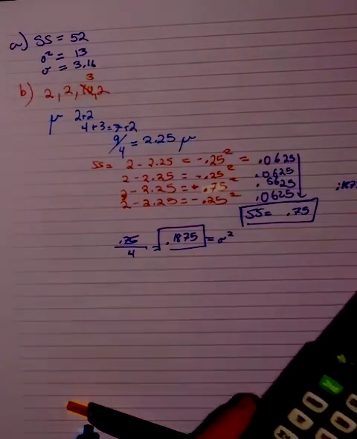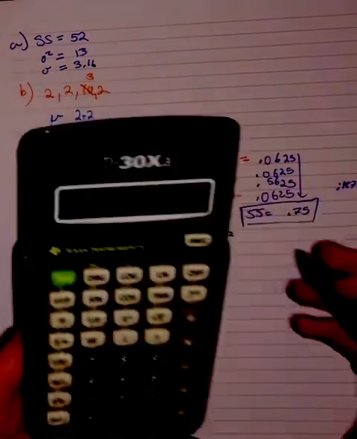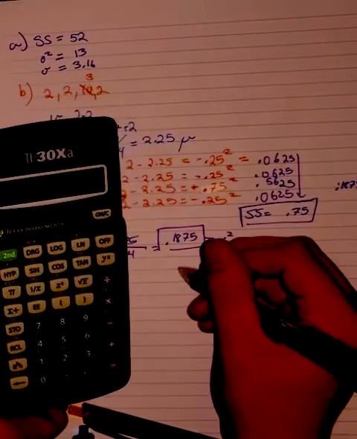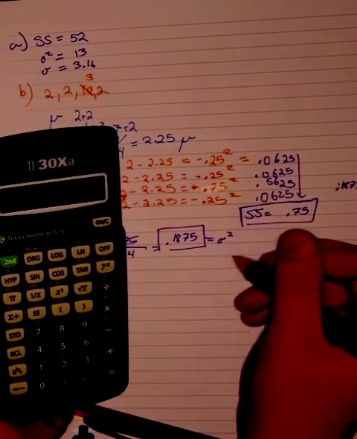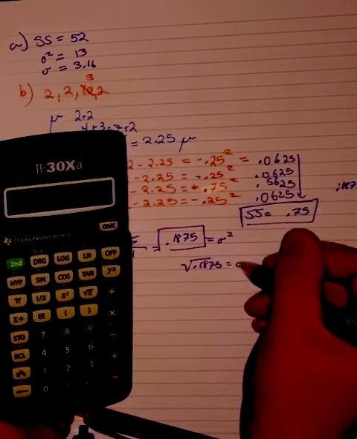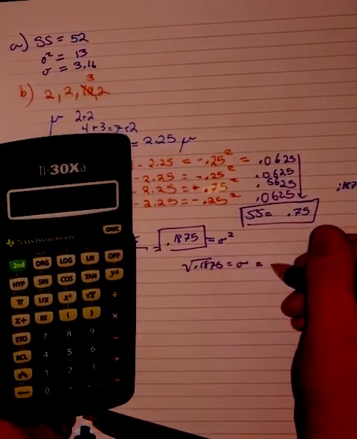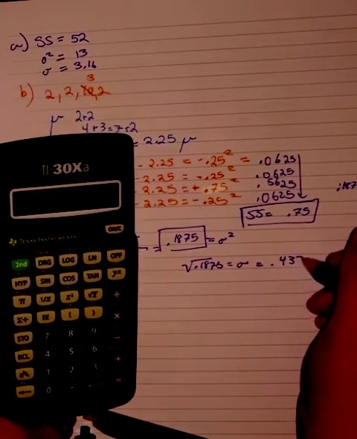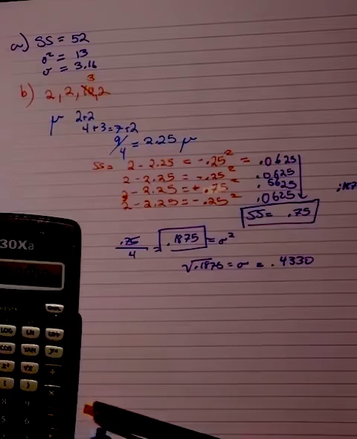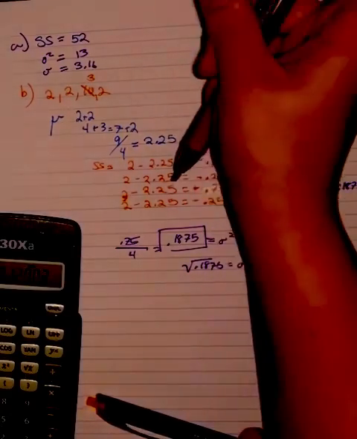And then we just take the square root of it. That'll be our final standard deviation, the square root of 0.1875, which will be 0.4330.